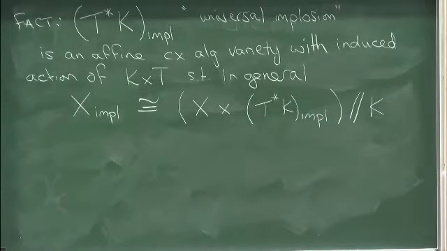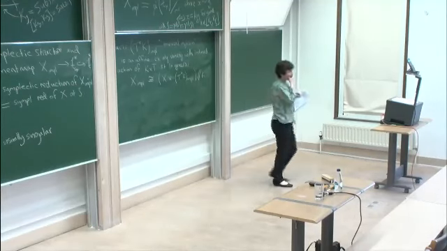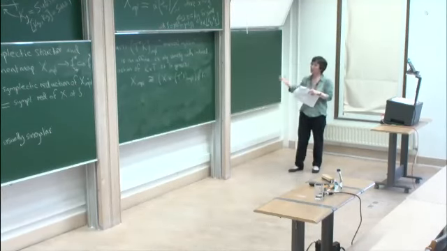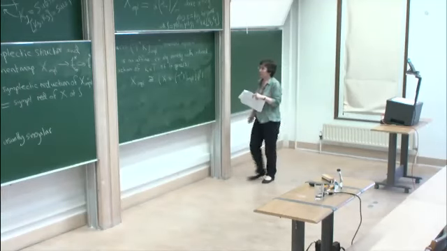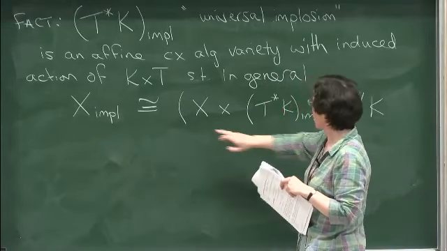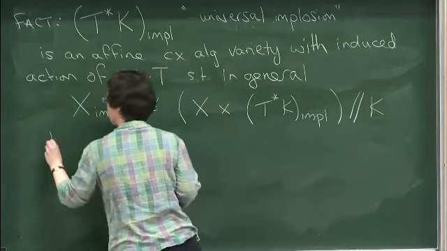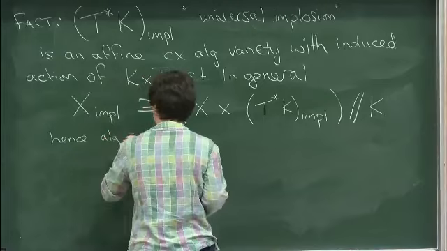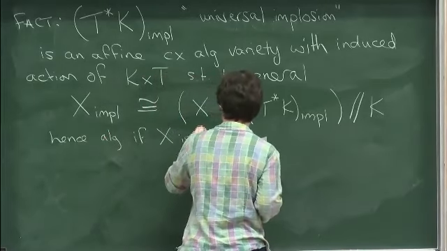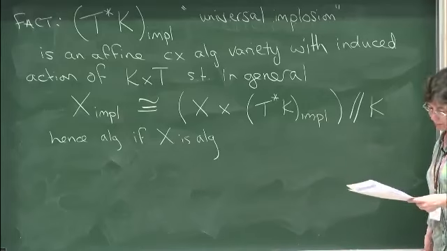In particular, that tells us that if we started with an X that was actually a complex algebraic variety, quasi-projective, say, with the induced Kähler structure, then the imploded cross-section will also be an algebraic variety. So this is algebraic if X is algebraic, algebraic being shorthand for a complex quasi-projective variety.